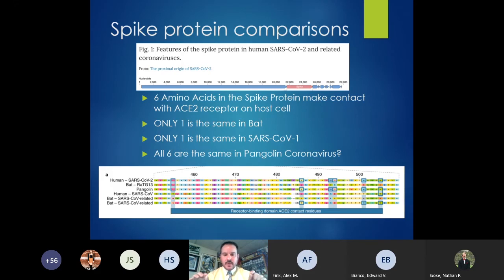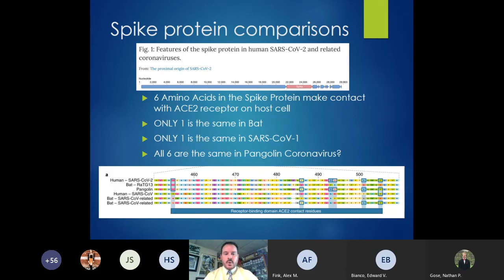Each amino acid, there are 20, as we know, has a unique 1-letter abbreviation. So this is identifying, with the box around them, the 6 amino acids from the spike protein that make contact with the receptor on the host cell.